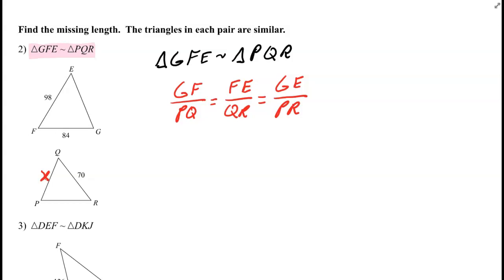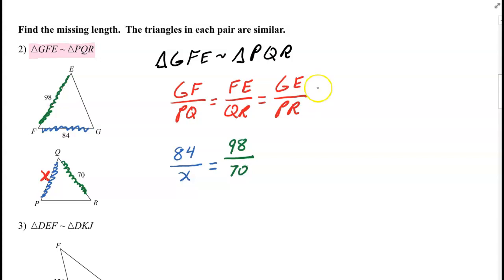Now for step 2, I'm going to look at GF, and GF is this 84. So I'm going to say 84 over PQ, which is X, and that's equal to FE. FE is 98 over QR, which is 70. So in this particular problem, I don't need the GE and the PR.